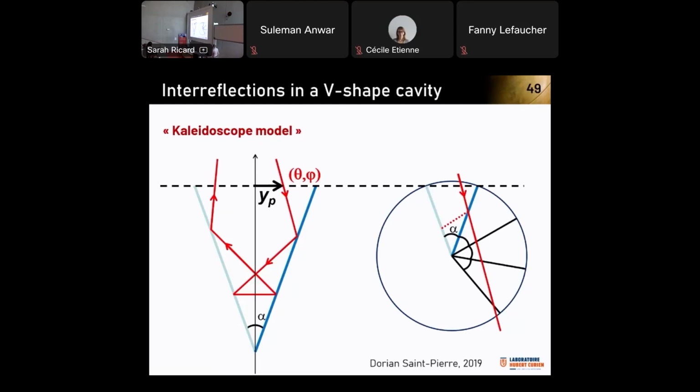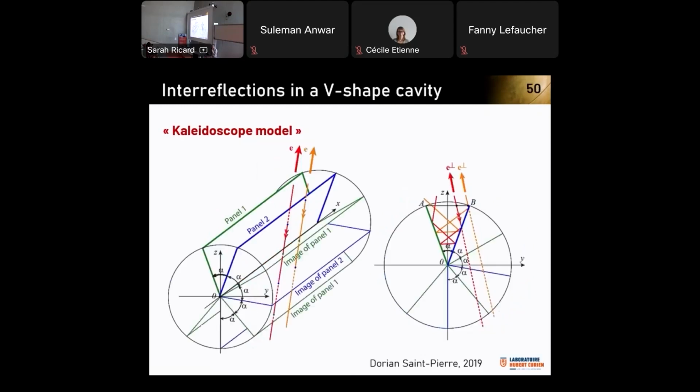Instead of following all these broken paths, we have a straight line with what we call the kaleidoscope. And of course, all the angles are the same in the 2 configurations, but it is much easier to represent it like that. And just by following the line, we see how many times the facets are met.